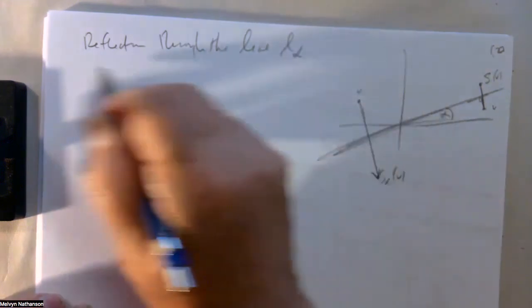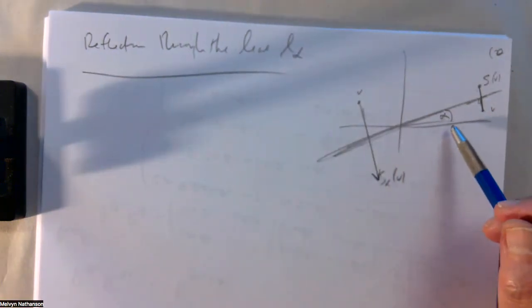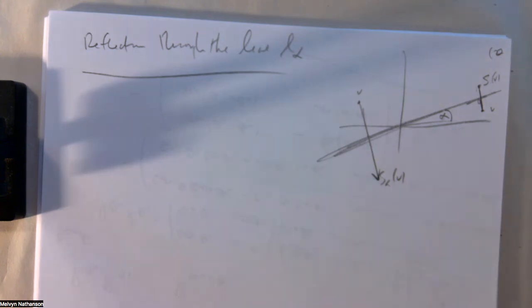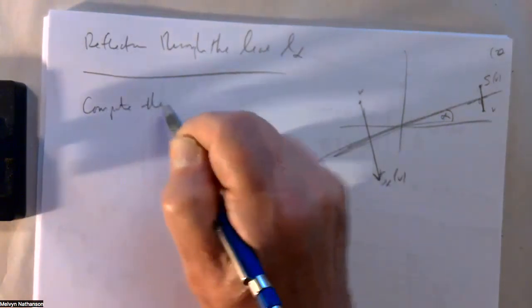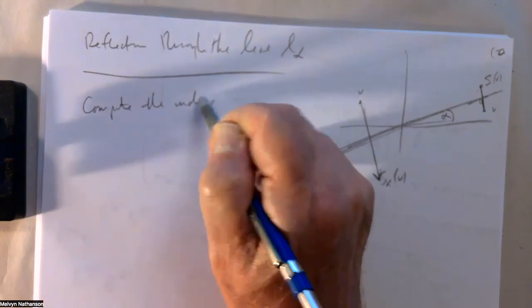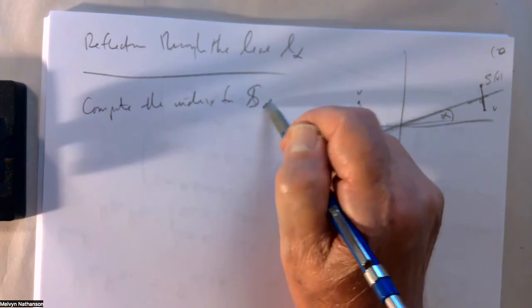I'll call it L alpha. It's the line that makes an angle alpha with respect to the x-axis. So let's see if we can figure out what is the matrix for S alpha, reflection through the line alpha.